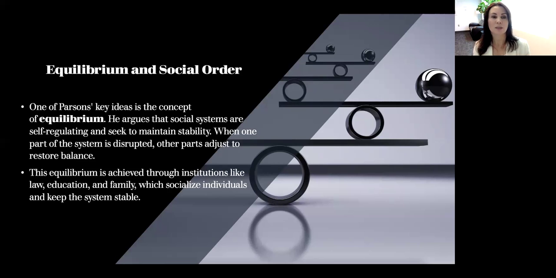This equilibrium is achieved through institutions like law, education, and family, which socialize individuals and keep the system stable. So through internalization and externalization, we internalize and externalize these new norms and rules. Therefore, we make adaptations to new changes.